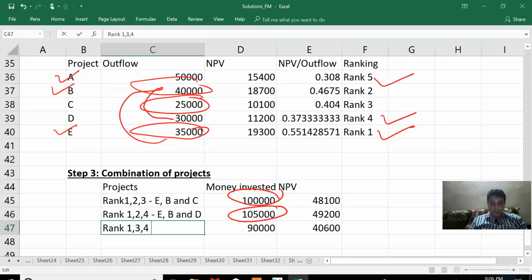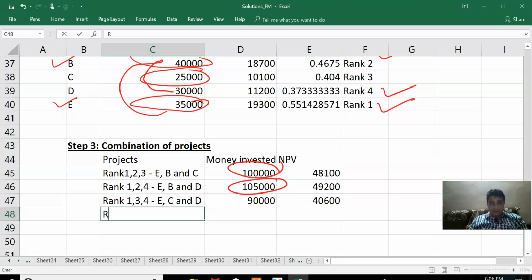What is 1, 3, 4? It is E, C and D. Then rank 1, 3, 5.